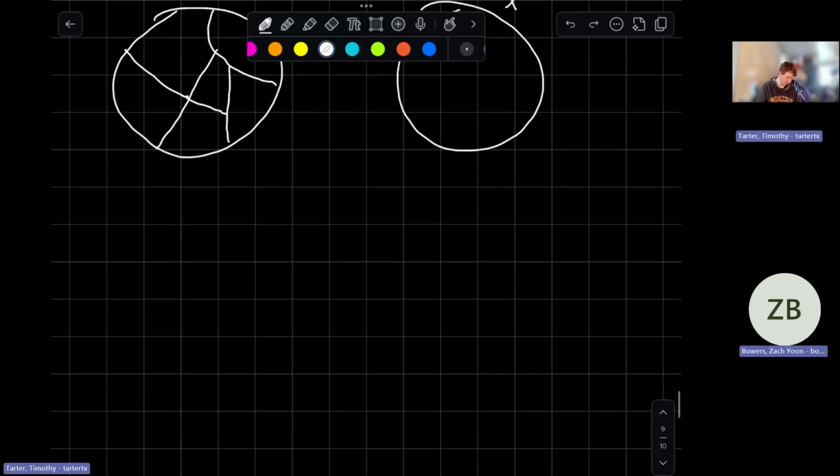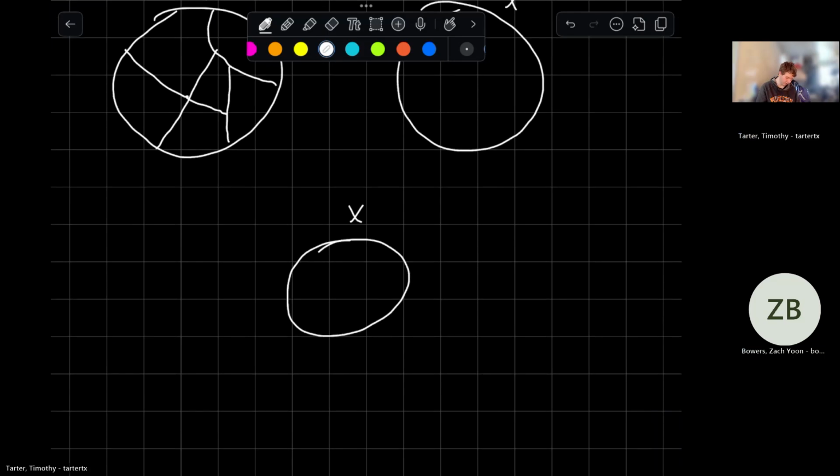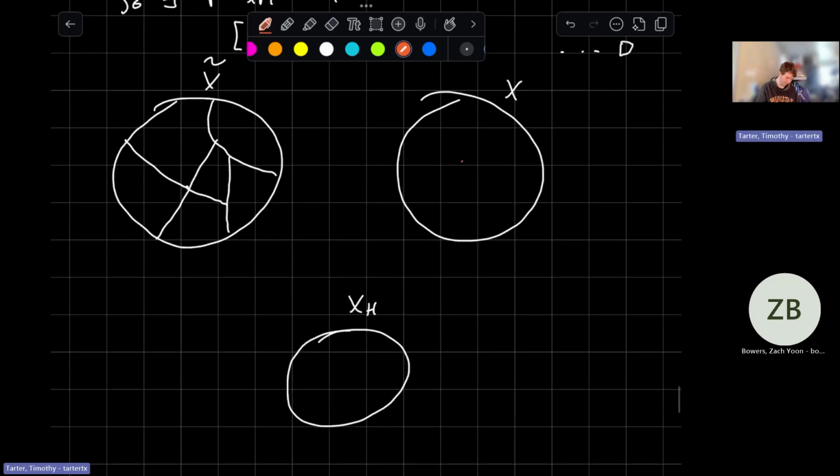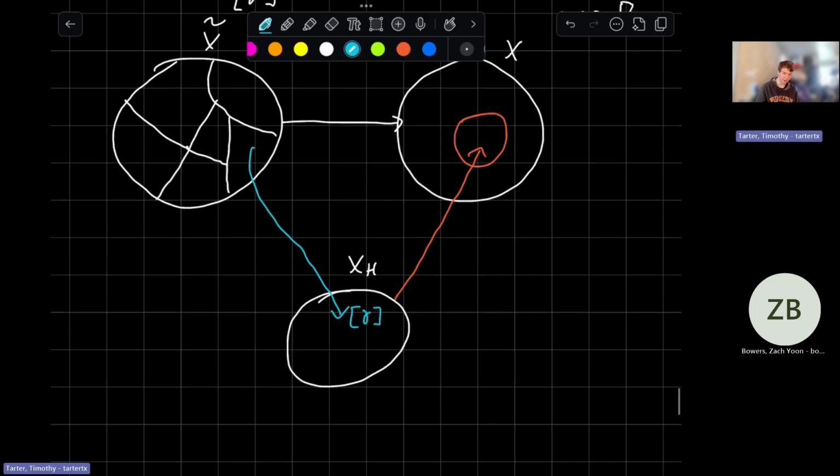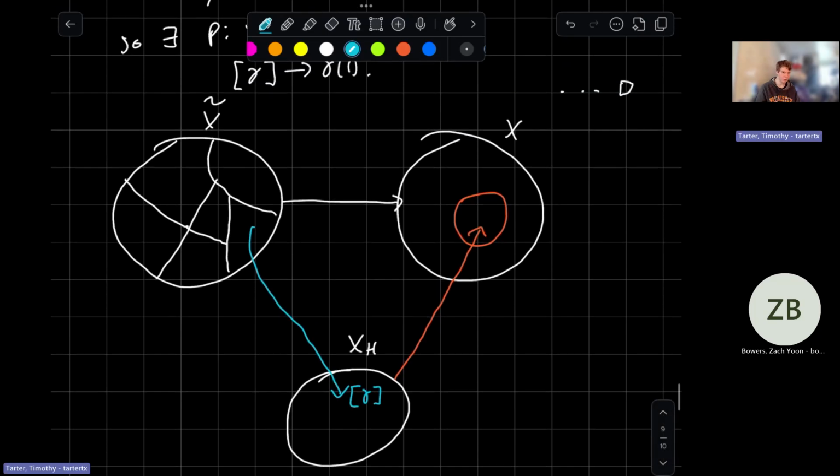If we have this, we can identify it to a specific thing here that collapses.